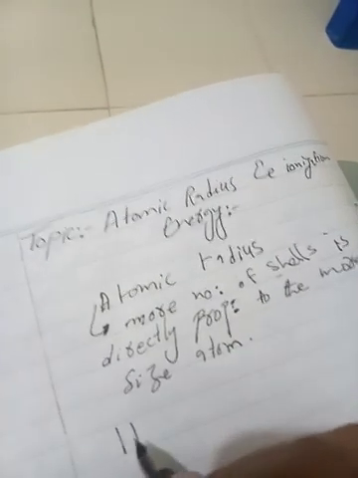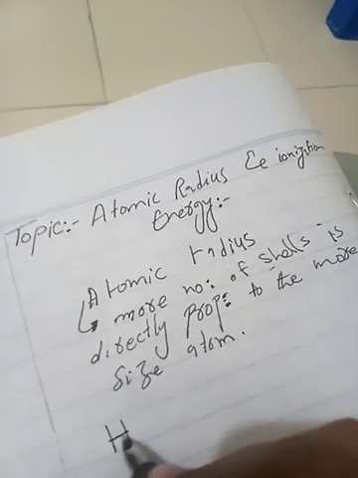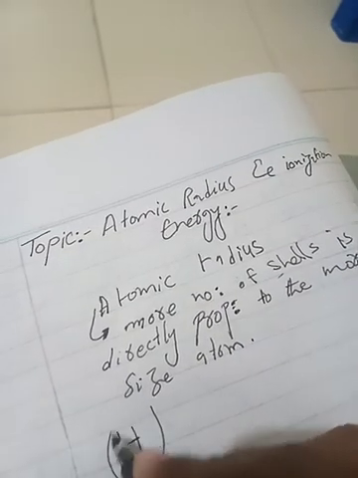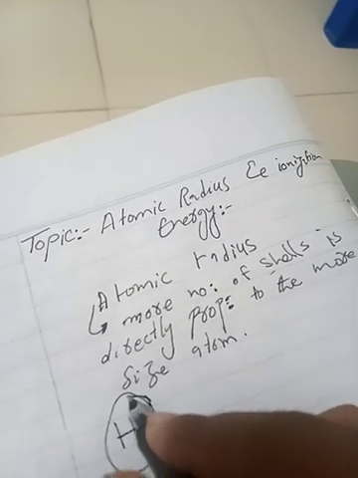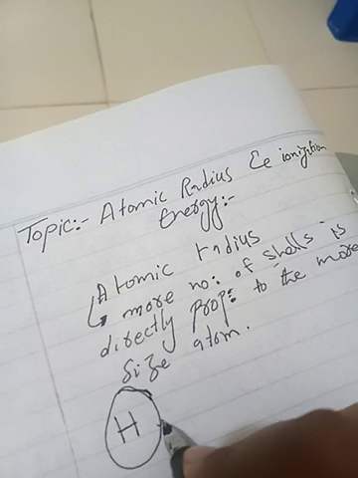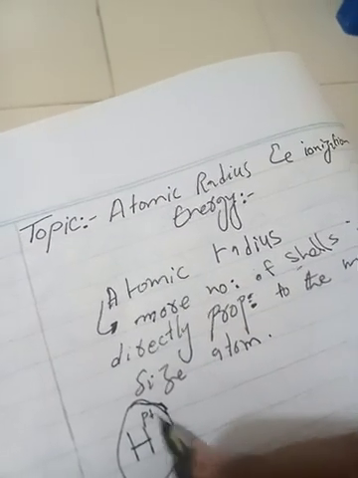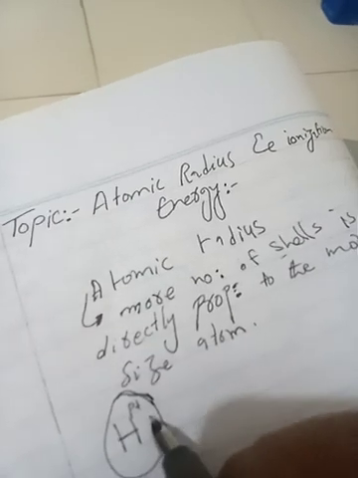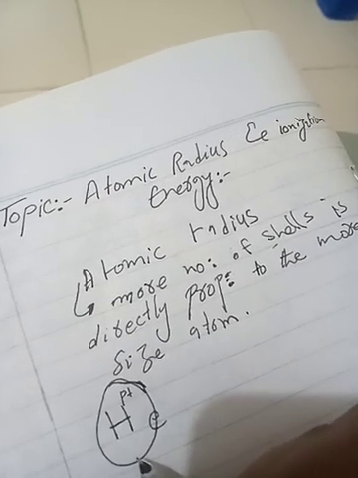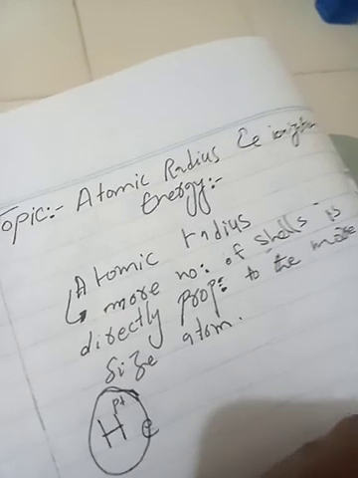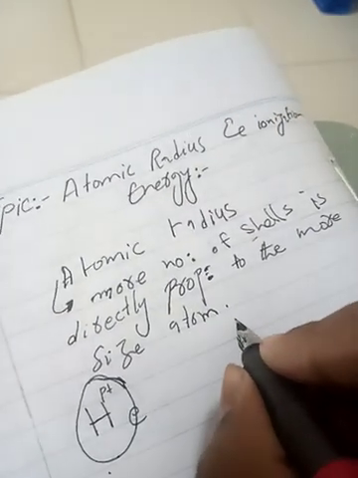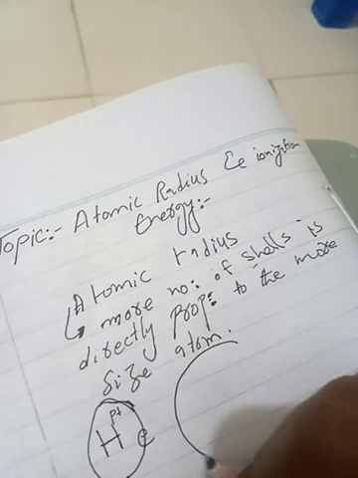For example, if we have the atom hydrogen, it consists of only one shell, and this one shell is called a duplet, in which it has one electron and one proton. Here we have the atom of sodium.